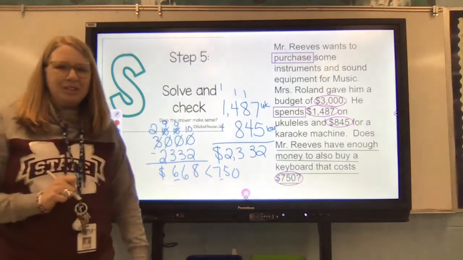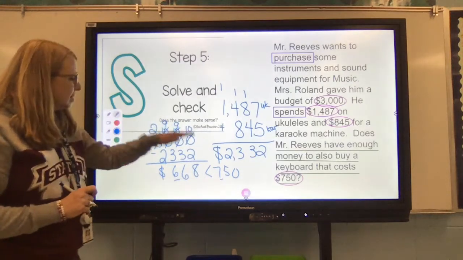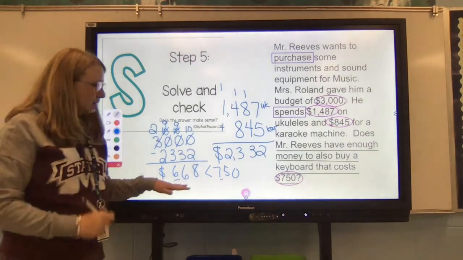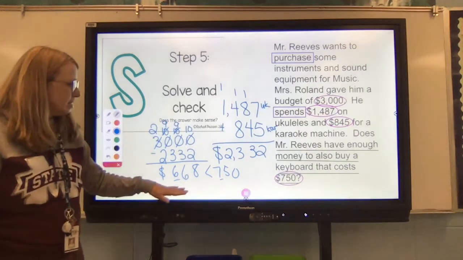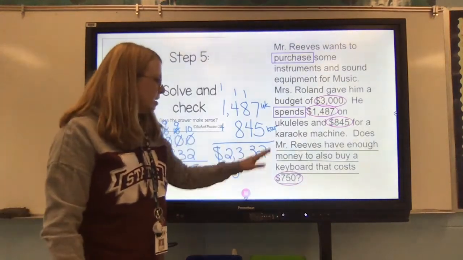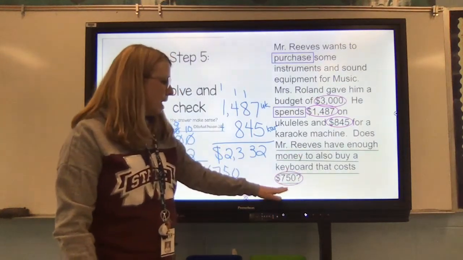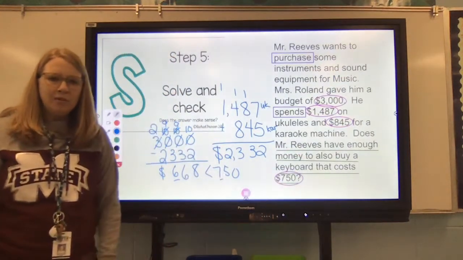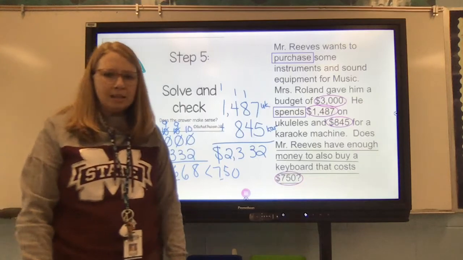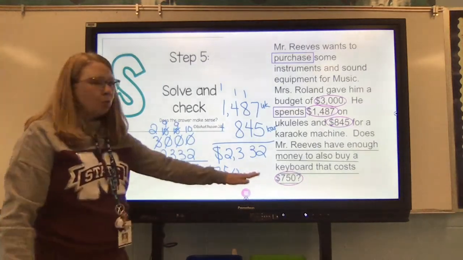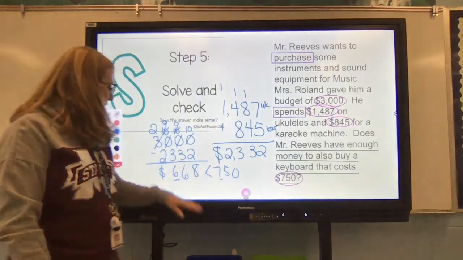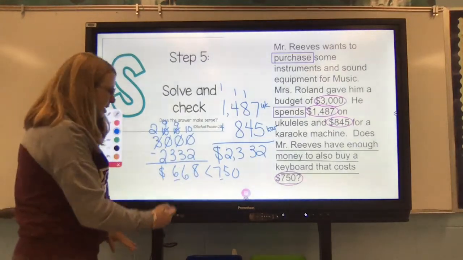All right, boys and girls, we now need to see, does this answer make sense? Does 668 make sense? Absolutely, it does. Did it answer my question? Does he have enough money to also buy a keyboard that costs $750? No, he doesn't. One thing that I always like for my students to do is write their answer to the question, not just answer with 668.